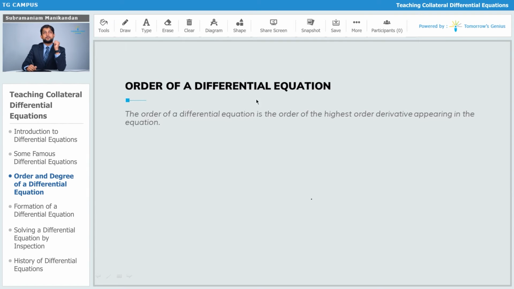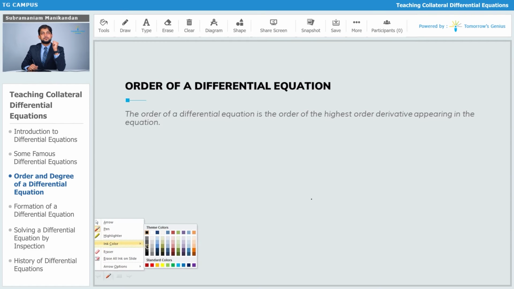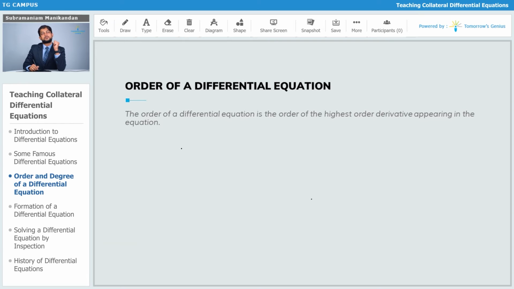For example, if I write d square y by dx square, the second derivative of y with respect to x, differentiation has been performed twice, and therefore the order of this differential coefficient is 2.